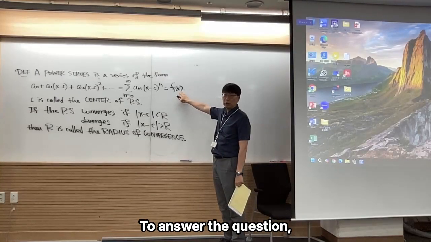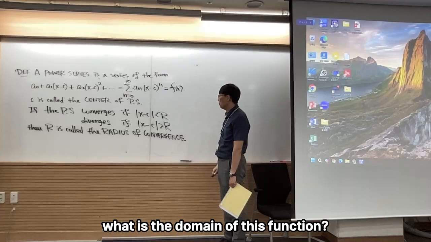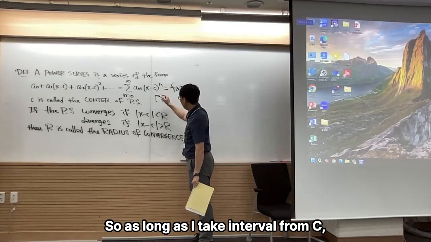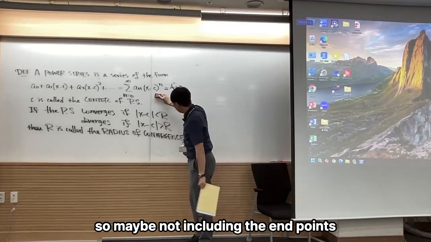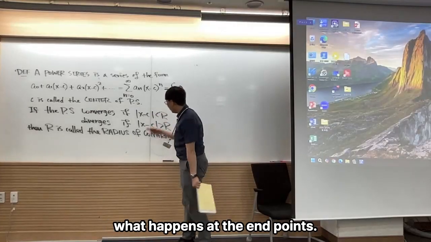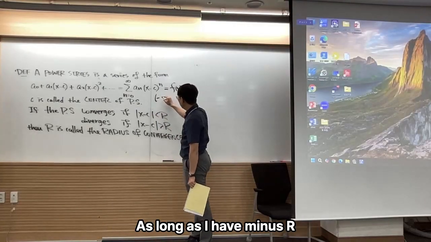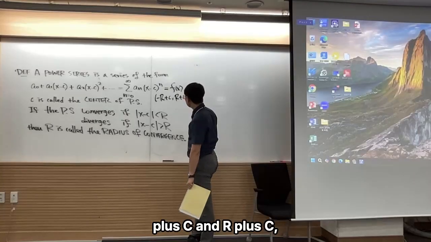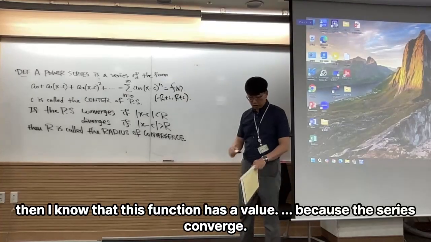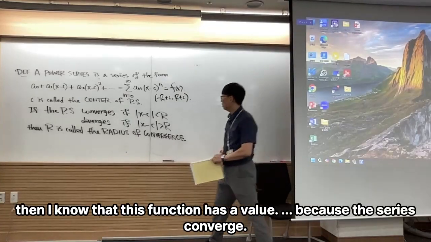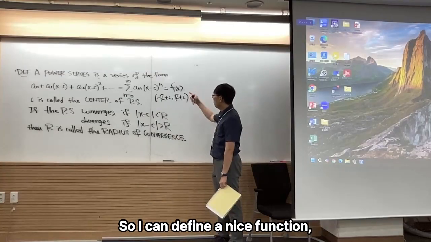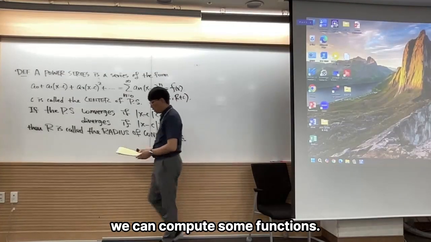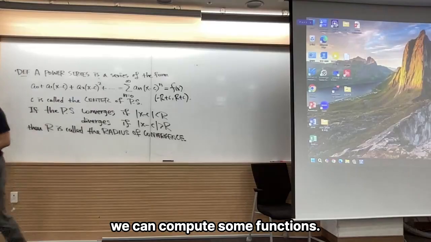As long as I take the interval around c, maybe not including the endpoints, because we don't know what happens at the endpoints, as long as x is between c minus r and c plus r, I know that this function has a value because the series converges. So I can define a nice function. And sometimes this is the only way we can compute some functions.